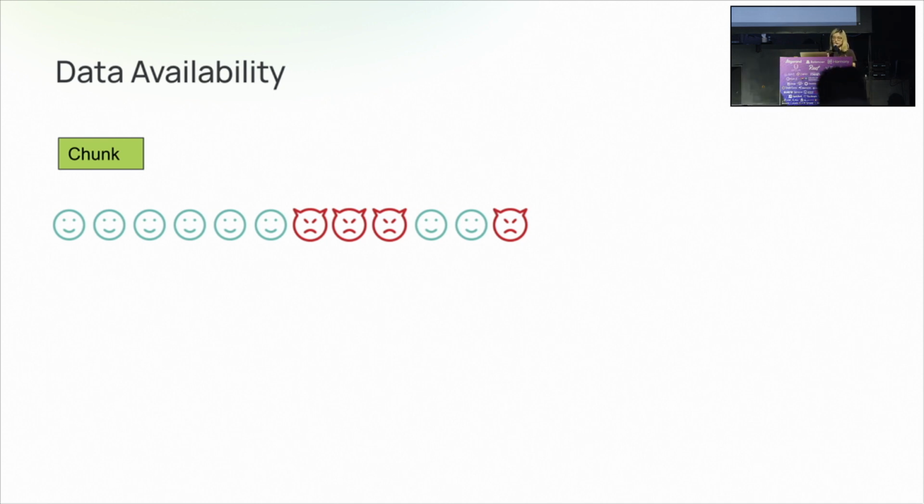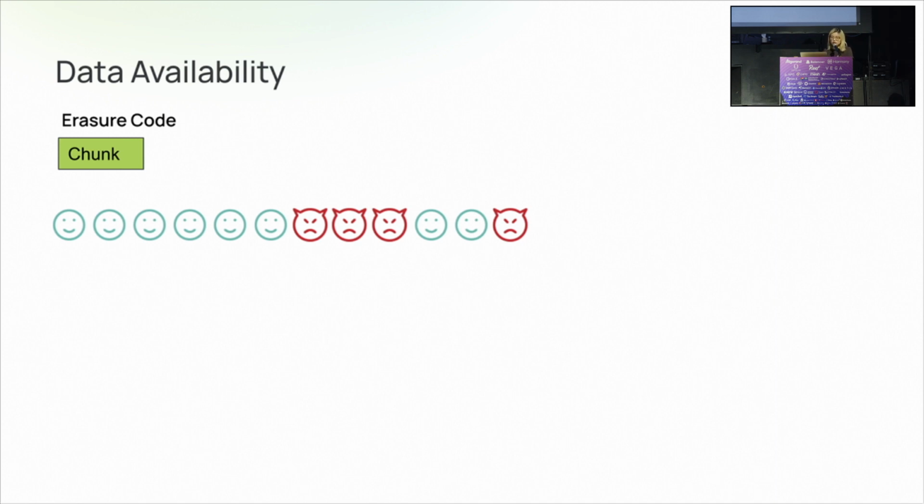And this is called the data availability problem. The solution we use to solve the data availability problem is something called erasure code. Erasure code is an algorithm that splits a full piece of data into multiple parts, so the original data can be reconstructed from only a subset of these parts.